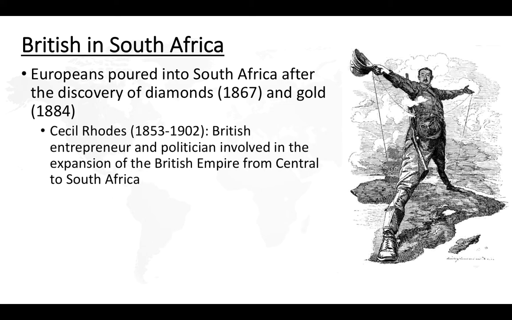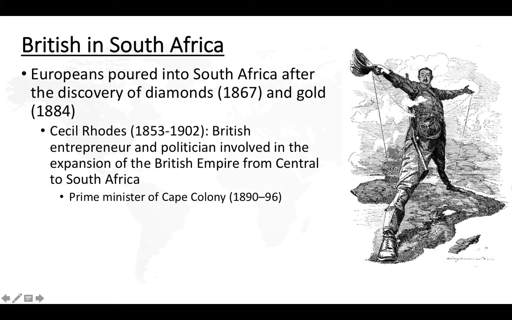And there was a famous British entrepreneur named Cecil Rhodes. He was a politician involved in the expansion of the British Empire from Central to South Africa. You can see here, this is an image of him basically saying that the British can have control of the entire continent and that the continent would almost become a puppet to the British.